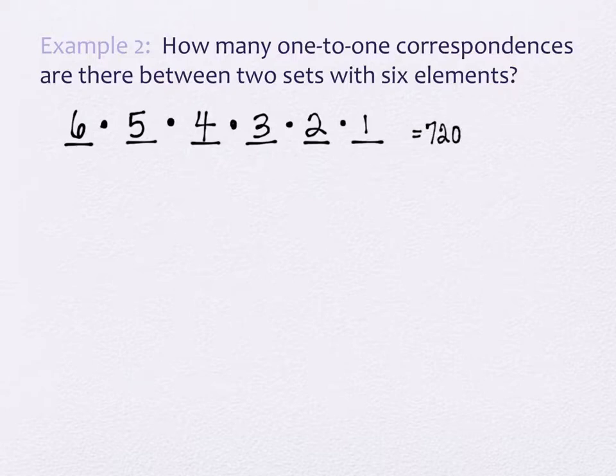And again, if you've taken proportional and statistical reasoning, you've seen this process before. Do you remember what it's called when you multiply 6 times 5 all the way down? No. It's called a factorial. It can actually be represented with an exclamation point.